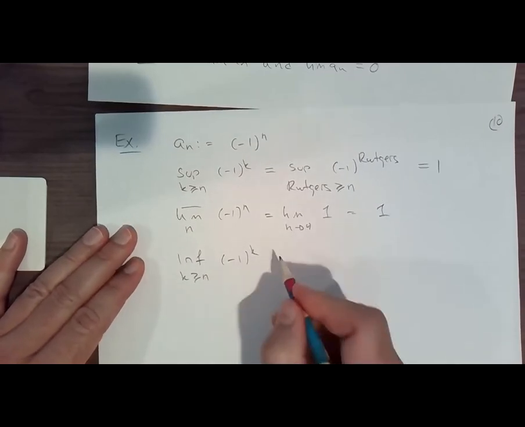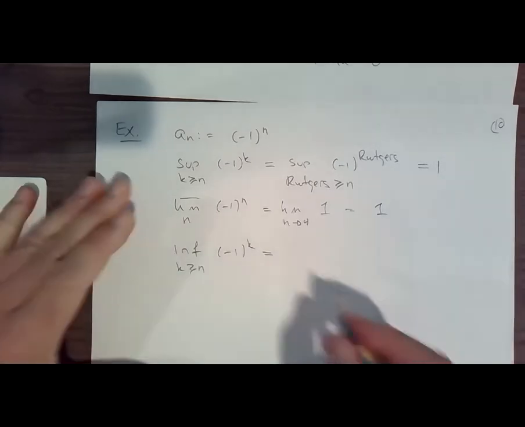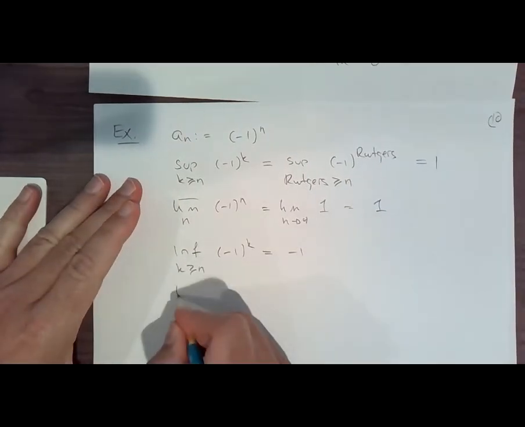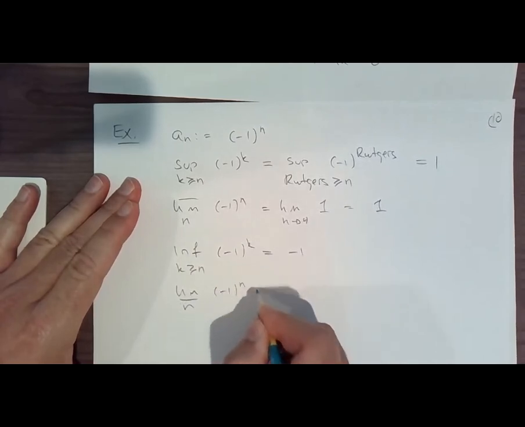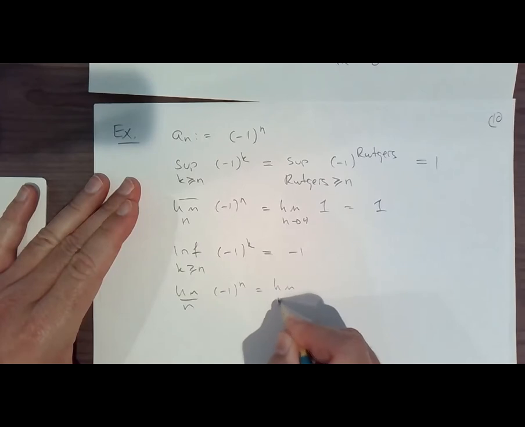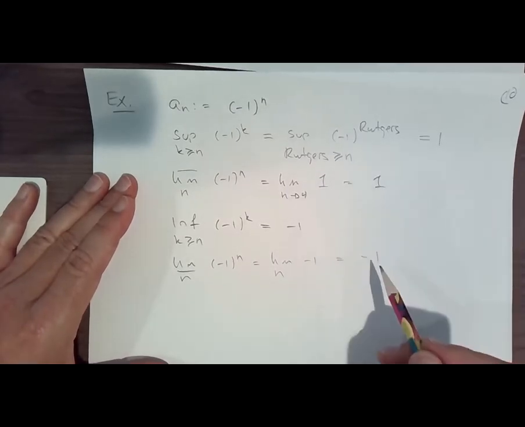What do I get here? That's right, this is minus 1. So then I'll do the lim inf of minus 1 to the power n. This is equal to the limit as n goes to infinity of minus 1. So this is minus 1. And we see that they're different.